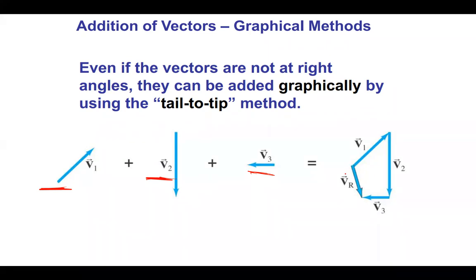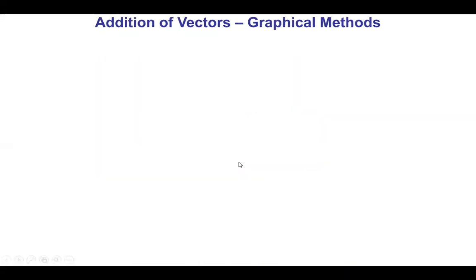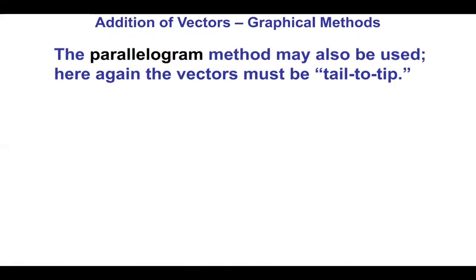The first one is v1, then we have v2, then we have v3. When you combine these three vectors, you come up with a resultant, which is just VR. Very simple.